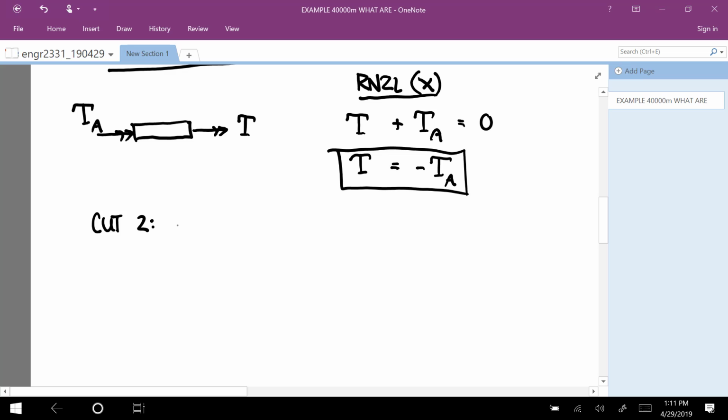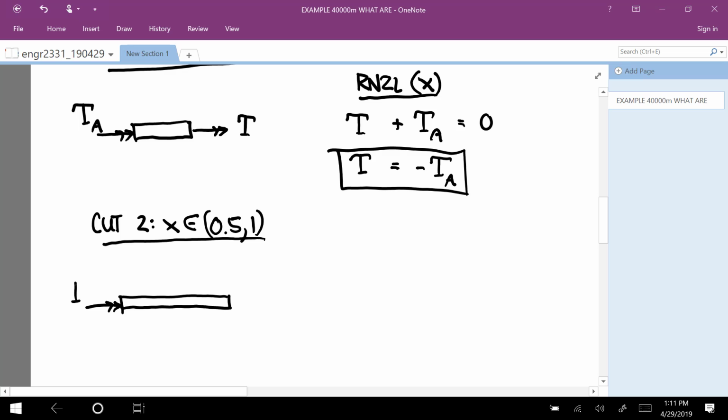And then cut 2 is for x values between 0.5 and 1. This one has the torque TA at the left and 2,000 Newton meters pointing to the left.